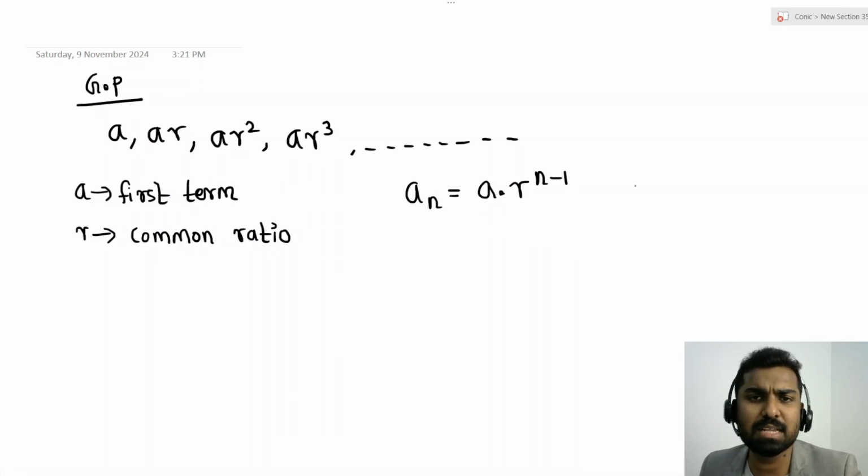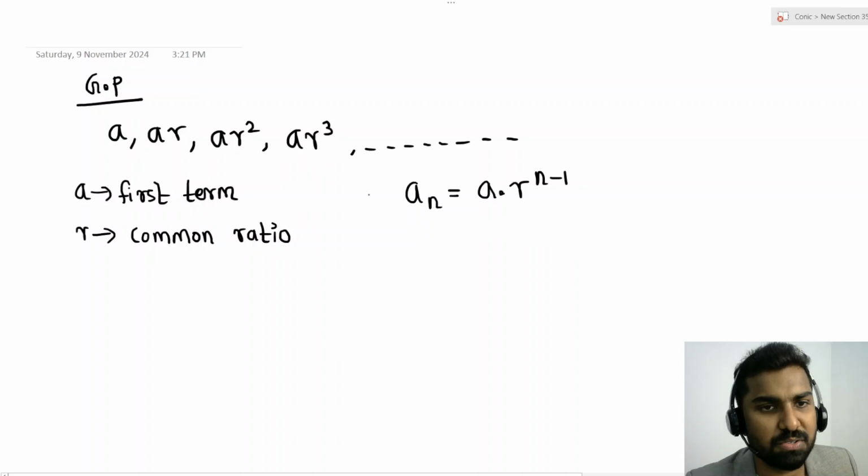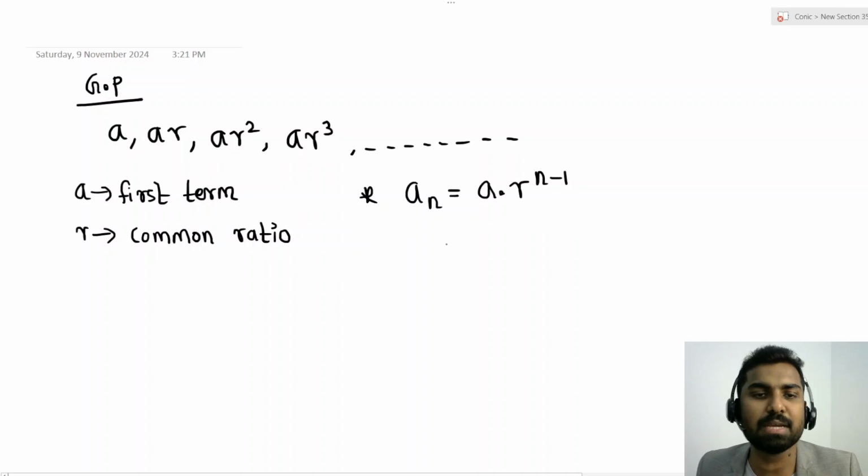If I ask for random terms, the 35th term will be a into r to the power 34. The 76th term, a76, equals a into r to the power 75. So this is the first formula you have to keep in mind: the nth term of a GP can be calculated by the formula an equal to a into r to the power n minus 1.